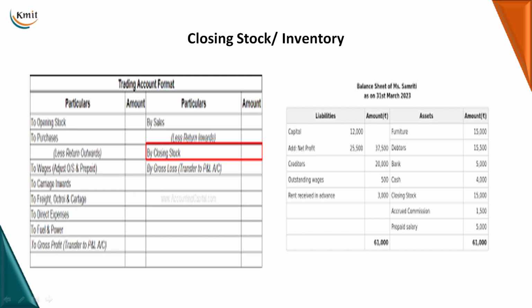Coming to the closing stock or inventory. Closing stock will neither be added to any of the accounts nor deducted from any of the accounts. Rather, it will be included. If closing stock is given as an adjustment, it will be entered on the credit side of the trading account.